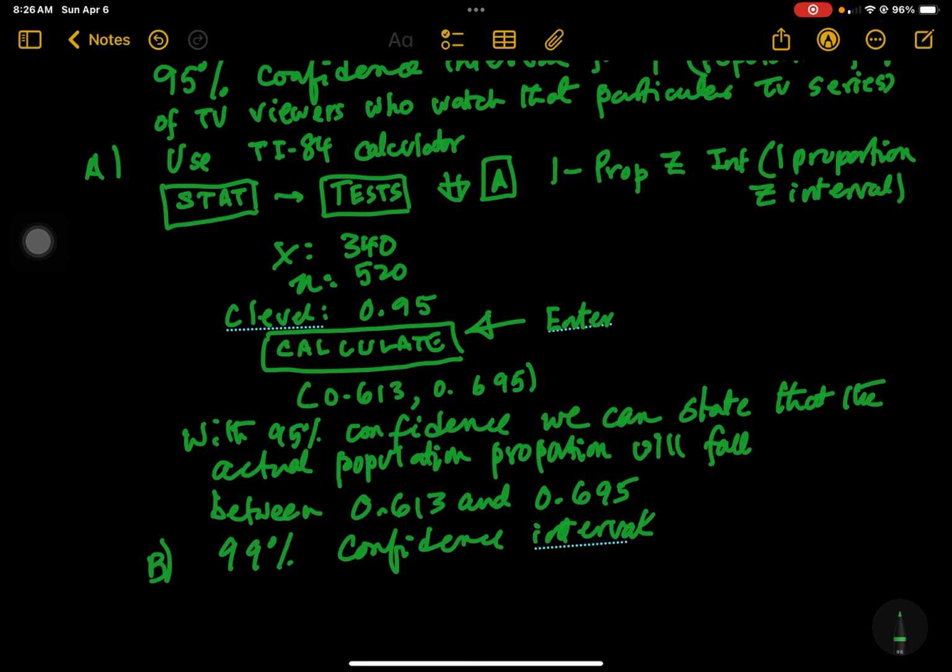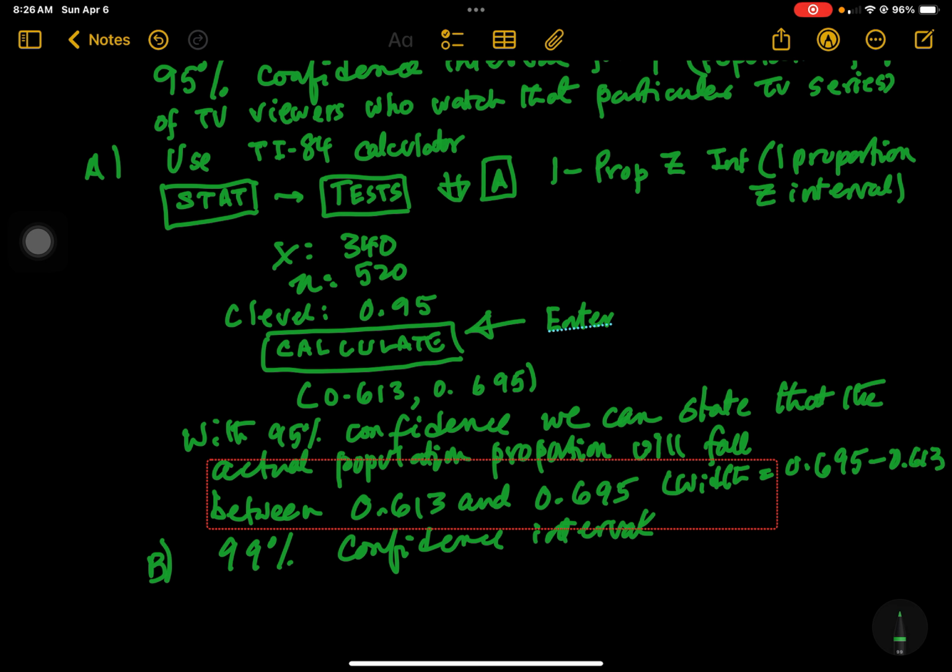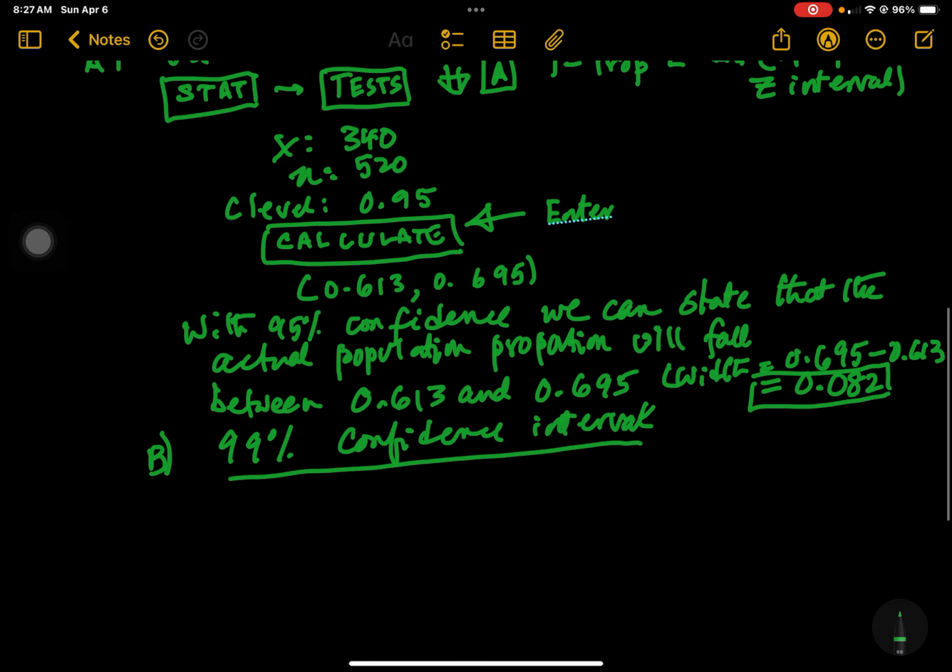Notice here the width is the upper boundary minus the lower boundary, and that is equal to 0.695 minus 0.613, and that is equal to 0.082. This is a point to be noted. This information will be used later. So right now we are ready to calculate the 99% confidence interval.